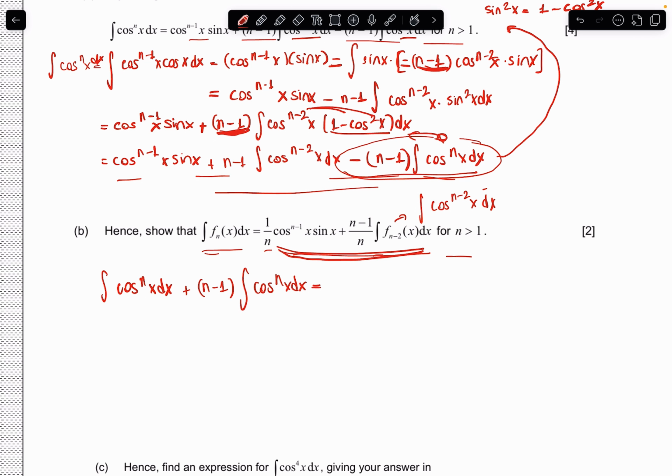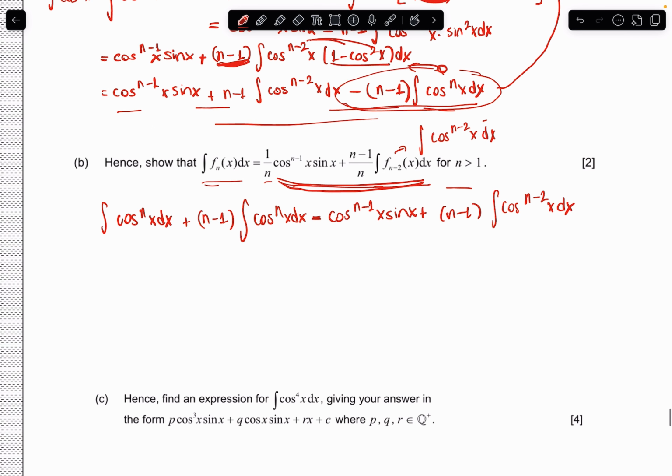And the rest I'm going to write as it is. Sorry, there's no integral here: cosine^(n minus 1) x sine x plus (n minus 1) times the integral of cosine^(n minus 2) x dx. As you can see here, I can also write this part as the integral of cosine nx dx, but I'll have to throw this part here because this is essentially 1.